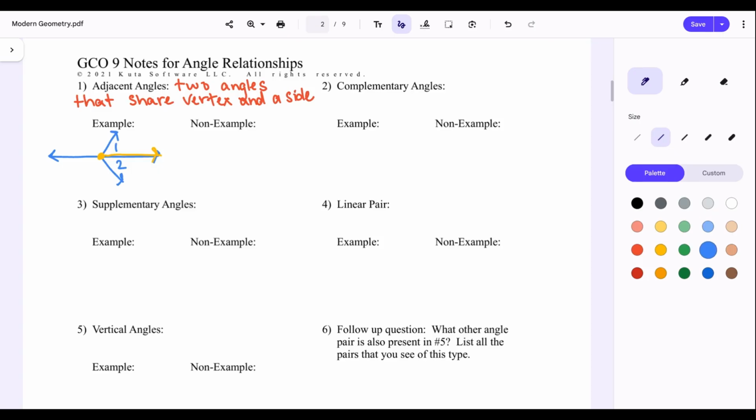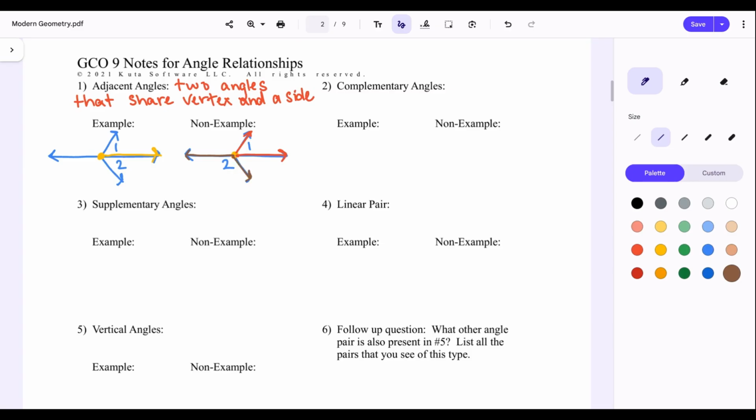If I had that exact same picture, but this time I put 1 here and I put 2 on that side, those would no longer be considered adjacent. They're still really close to each other and they still share a vertex, but they don't share a side anymore, because 1 would have these two sides that I went over there in red, and 2 would have these two sides.